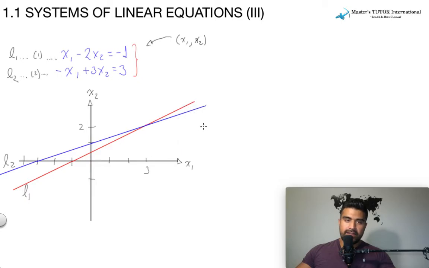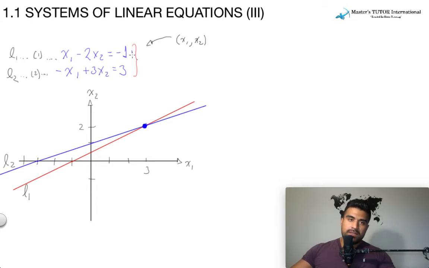But the idea is how we can interpret the solution of a linear system just by looking at the graphic. We have this point that is the intersection of the two lines.